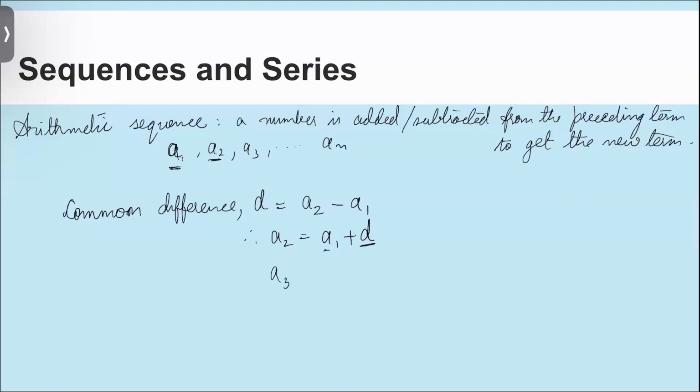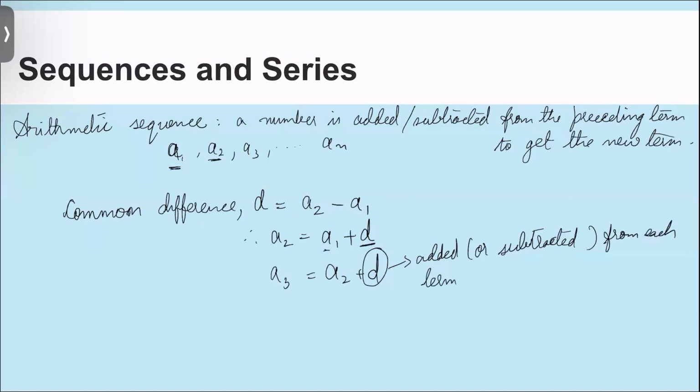So when you write A3, it will be A2 plus D. This D is added or subtracted; right now we are only considering the positive case, and if it is a negative value, then it will get subtracted from each term to get the consequent term.